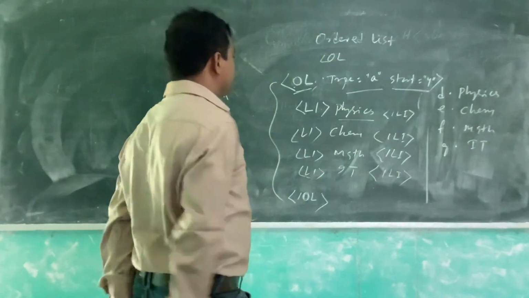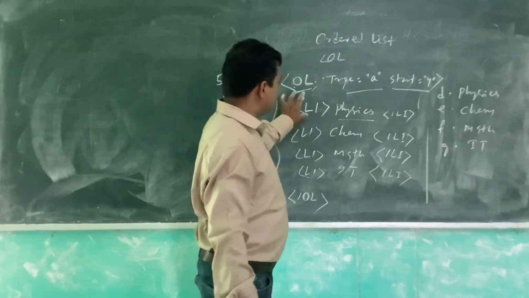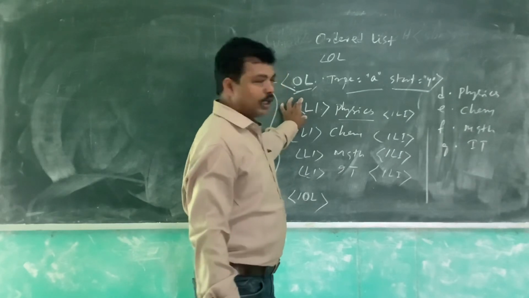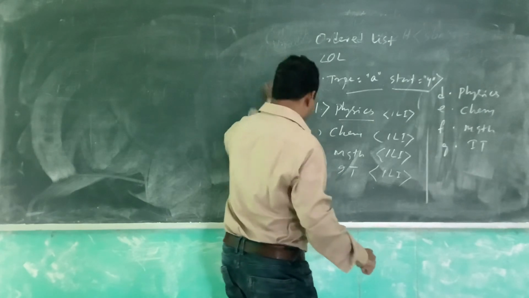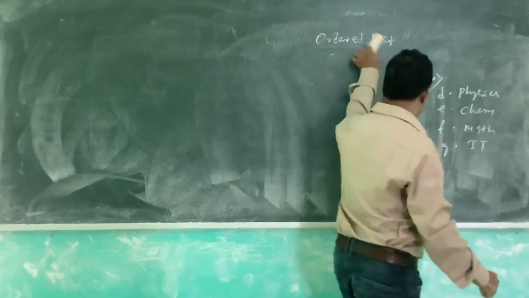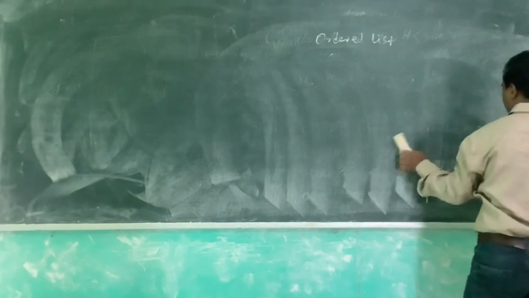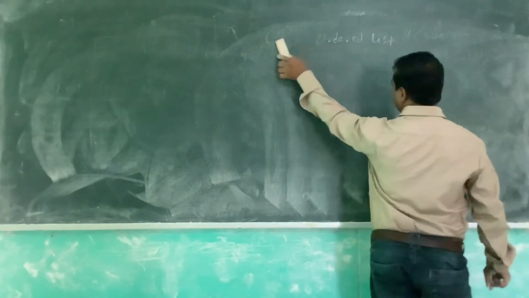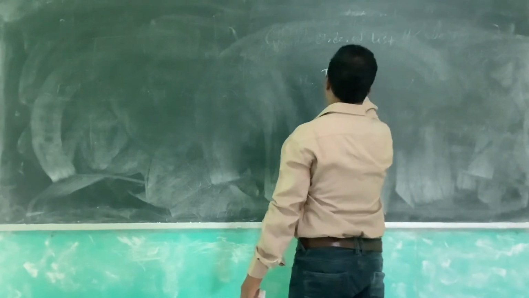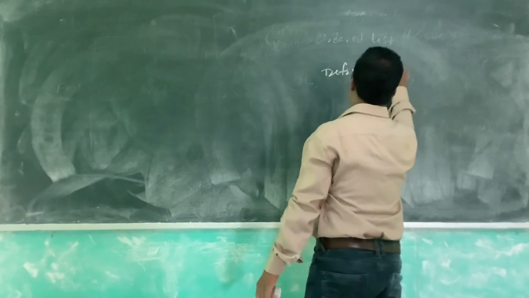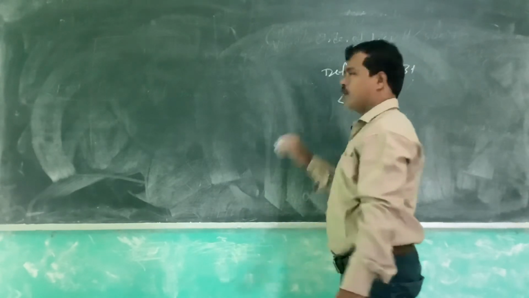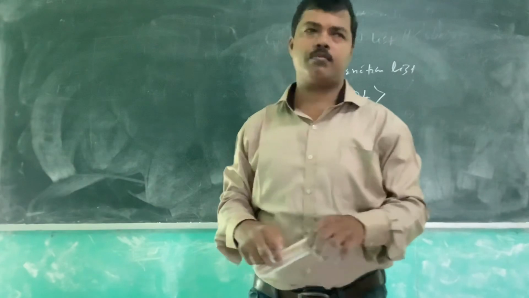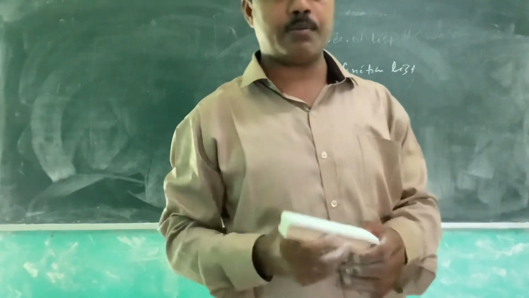But the items must be enclosed using a LI tag. The third or last list is your definition list, and the tag for this is DL. Suppose you have to define a term, HTML. What is HTML?